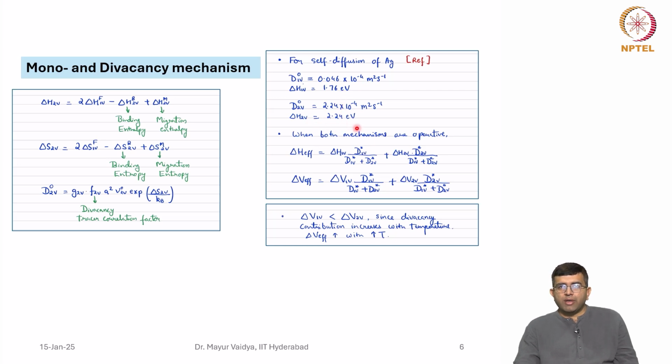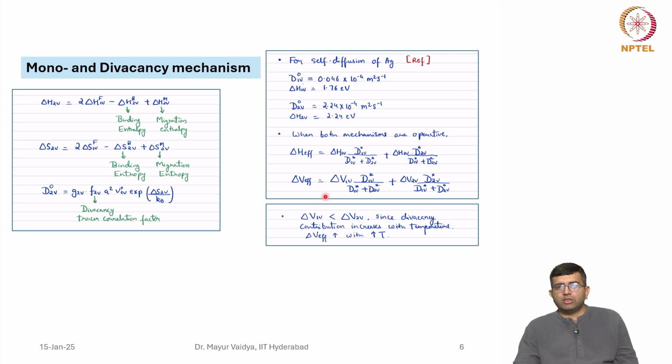When you have both the mechanisms operative, then the effective delta H can be written as delta H mono vacancy into D star 1V divided by D star 1V plus D star 2V, plus delta H 2V into D2V star divided by D1V star plus D2V star.